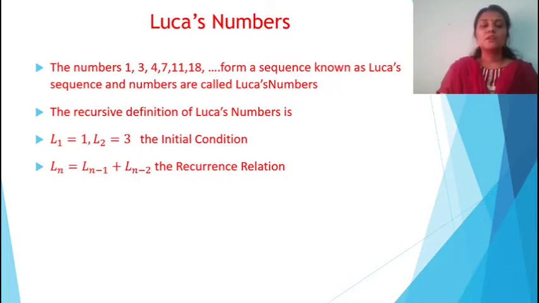First L1 is equal to 1 and L2 is equal to 3, and the recurrence relation is the same: Ln is equal to Ln minus 1 plus Ln minus 2, the sum of the two previous numbers. So 1 plus 3 equals 4, and the next number is 3 plus 4 equals 7, and so on.